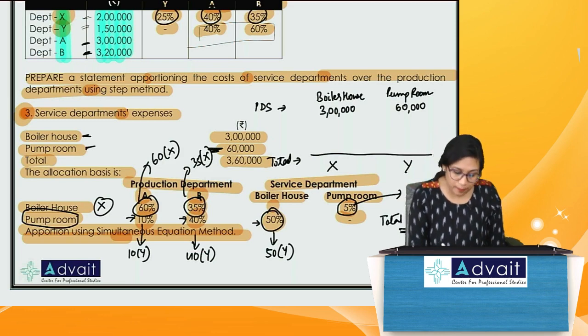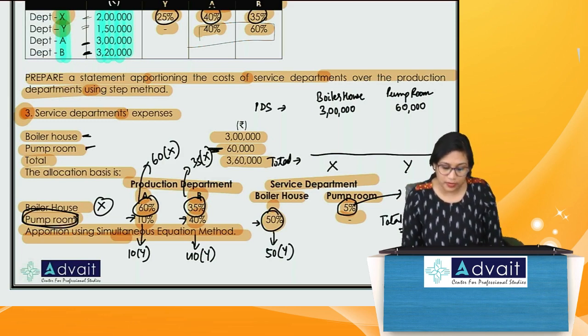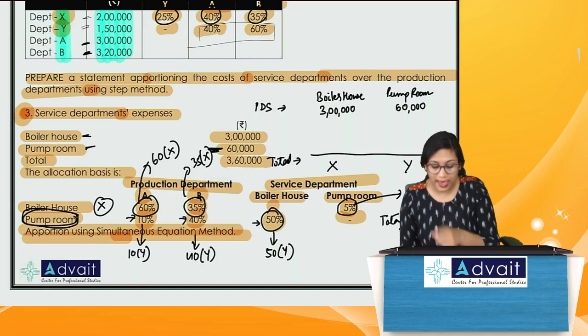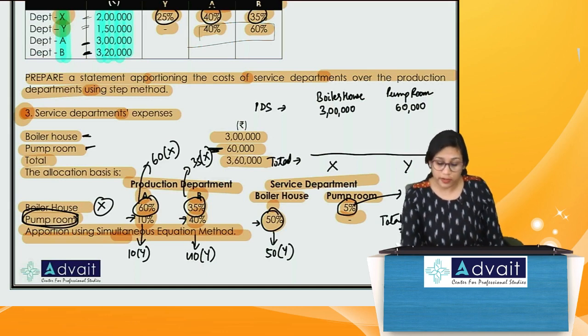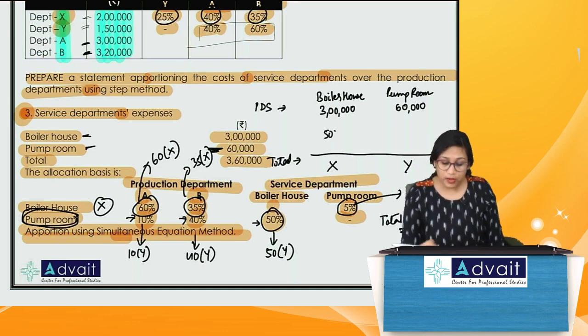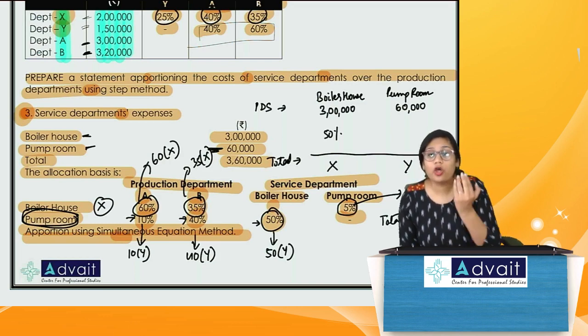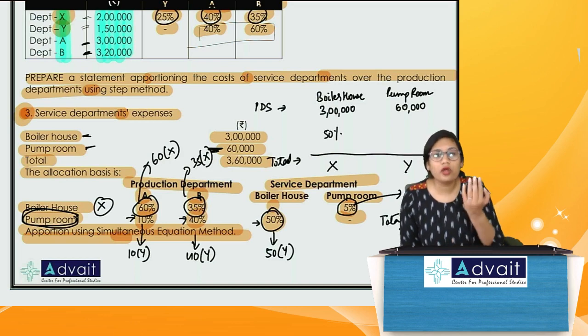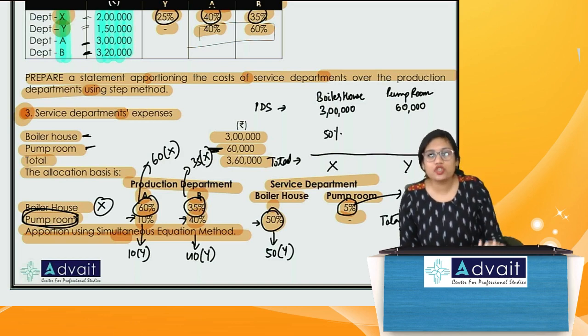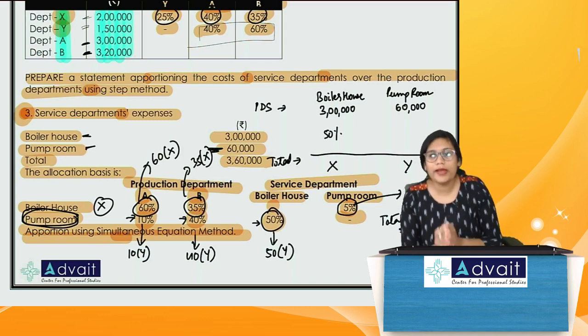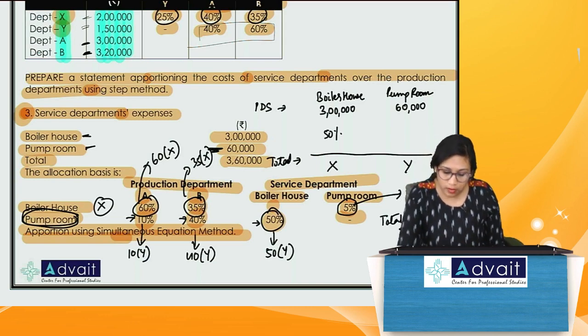If you see pump room's expenses, it is giving 10% to A, 40% to B, and 50% to boiler house, which means 50% expenses will come here. But guys, 50% on what? Naturally it has to be on the total expenses of pump room, right? And what are my total expenses of pump room? Y.